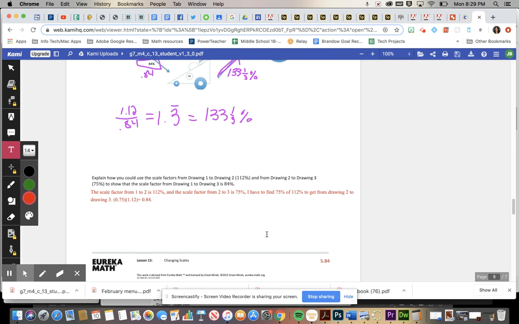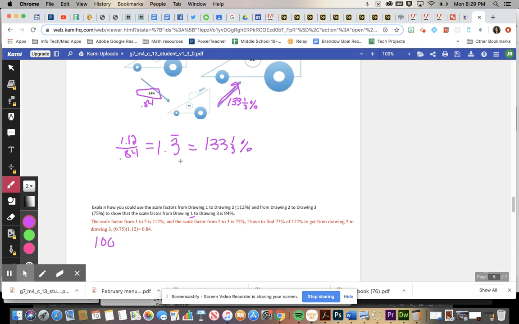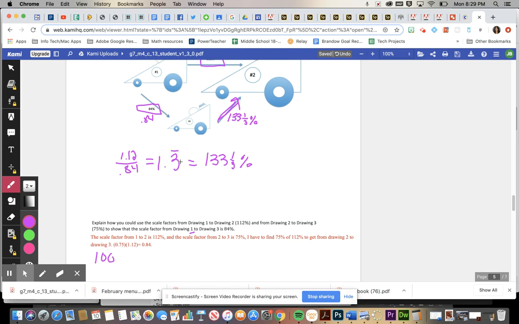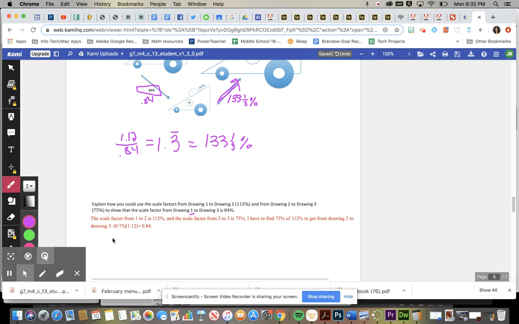So if I start with the 100% as my original being drawing 1, and then drawing 3, original goes on bottom, and then the percent from 1 to 3 was 84, so I'll put that on top.